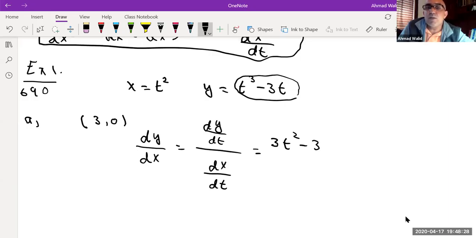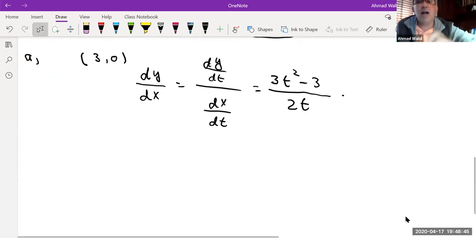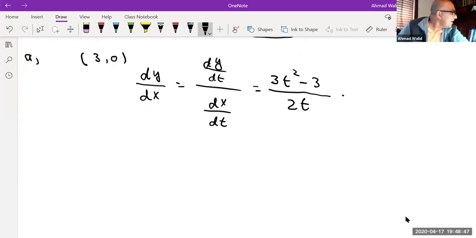This is your dy dt. Dx dt means the derivative of x, so your dx dt will be 2t. Now I have to prove that this curve has 2 tangent lines at the point (3, 0), correct?